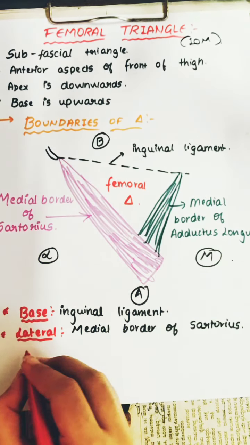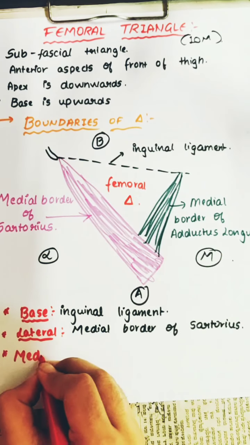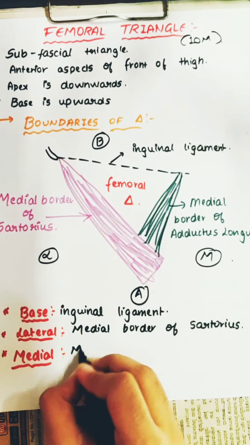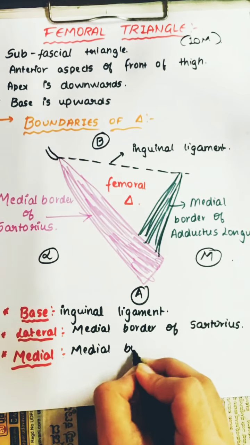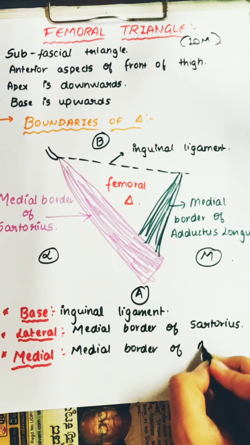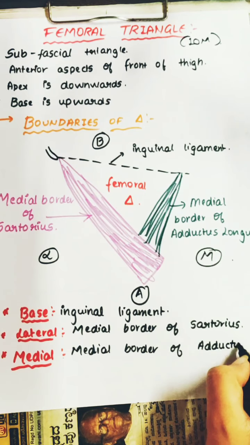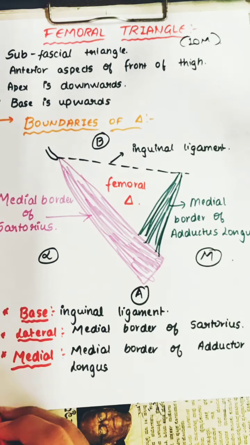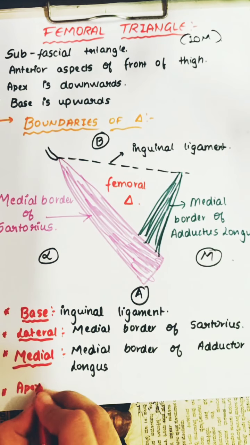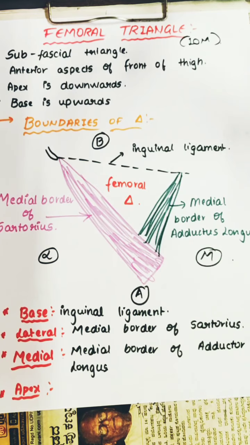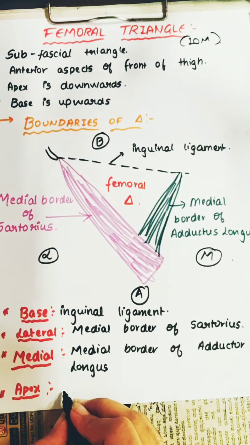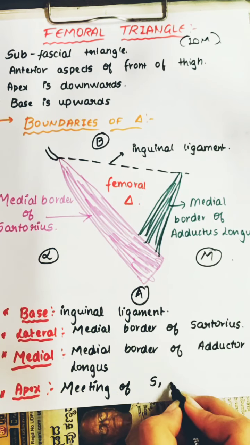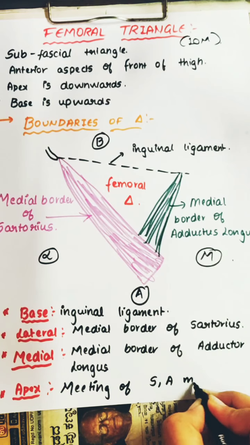Then on the medial side, there is the medial border of adductor longus. Finally, the apex, which is downwards, is formed by the meeting of the two muscles, sartorius and adductor longus.